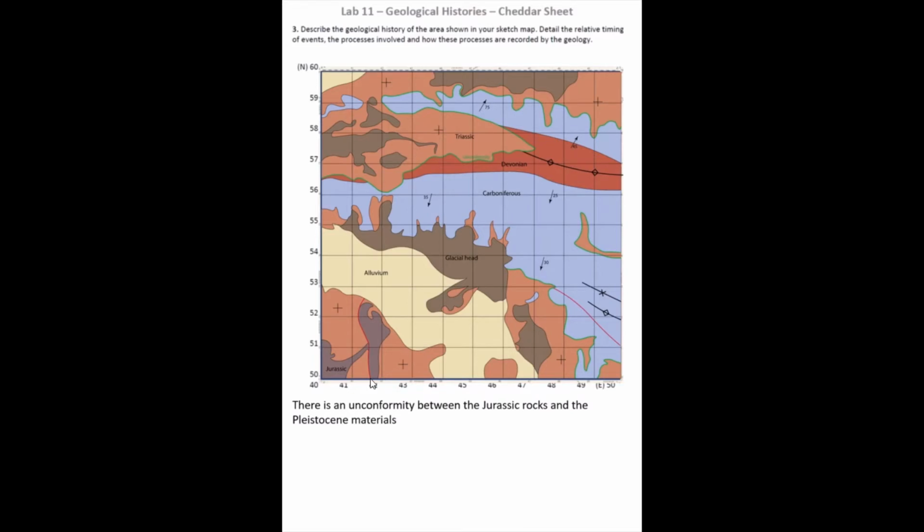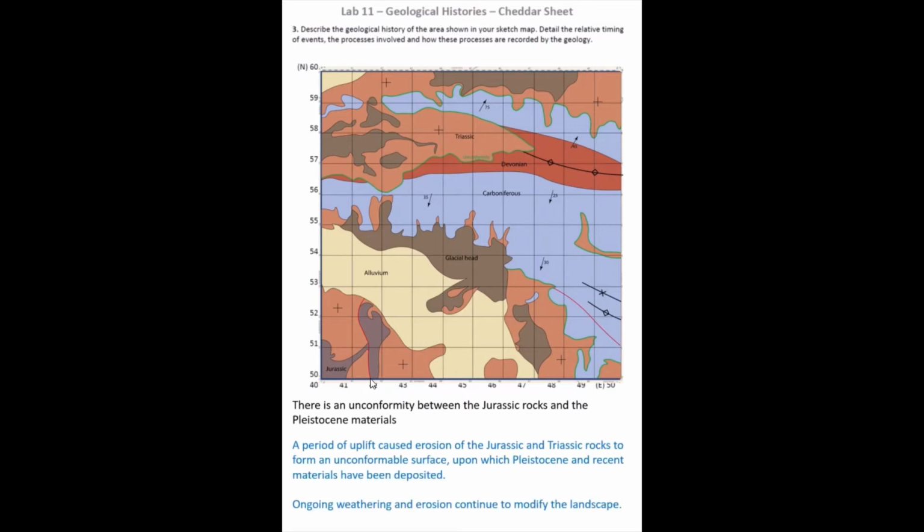Then there must be an unconformity. Tens of millions of years of material has been lost between deposition of Jurassic and Triassic rocks and the Pleistocene deposits, the Ice Age deposits forming the glacial head.